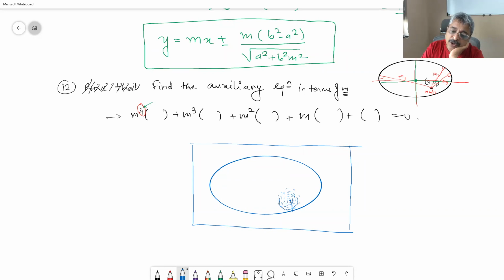Oh, this is one of the normals. Then it will grow, and this circle will touch again somewhere here. This is another normal. Then it will further grow, and maybe it will touch somewhere here.